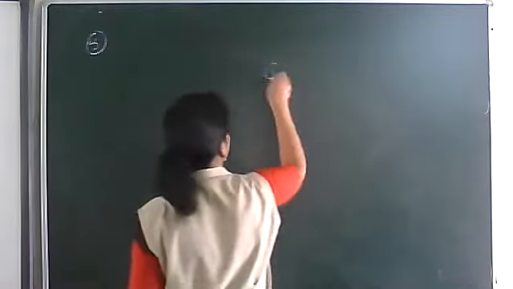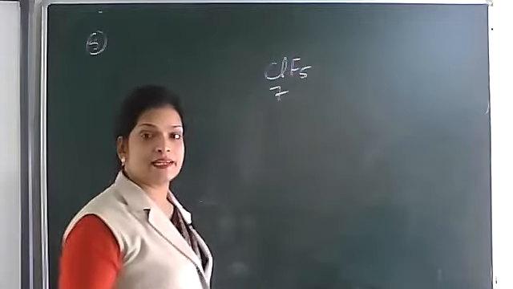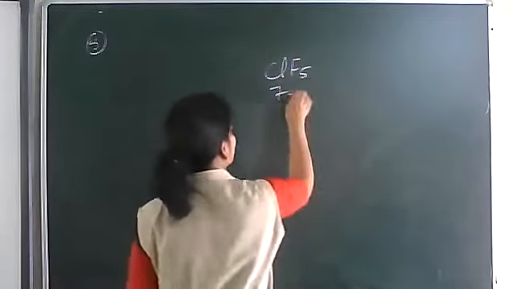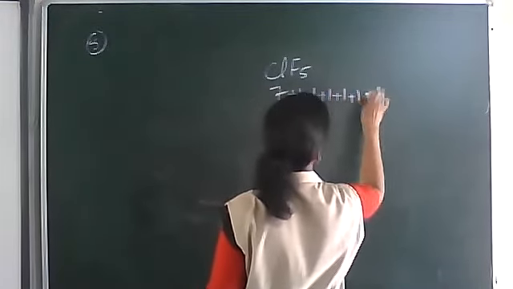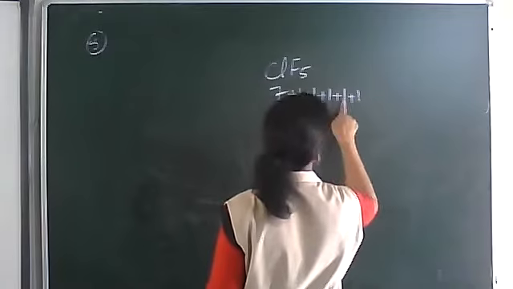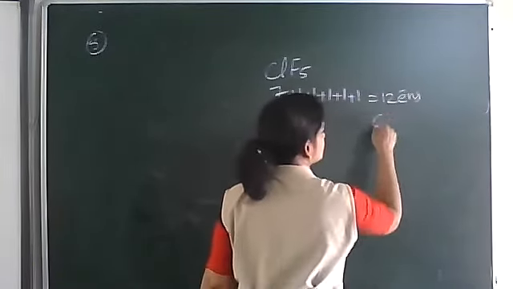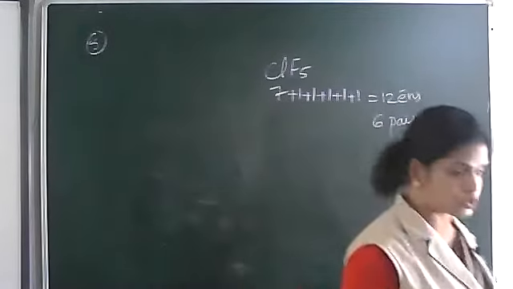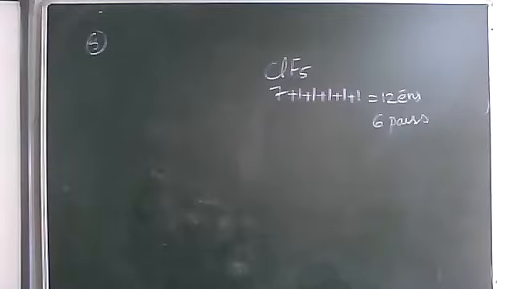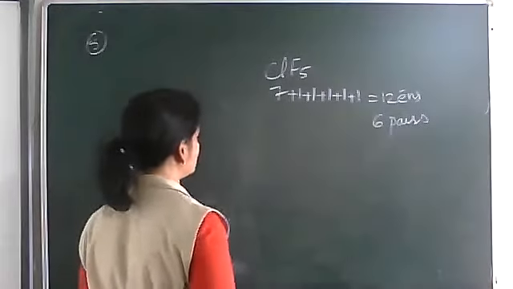Next, ClF5. 7 valence electrons from chlorine and 1 electron from each fluorine. So 12 electrons means 6 pairs. 6 pairs can be arranged in what way?